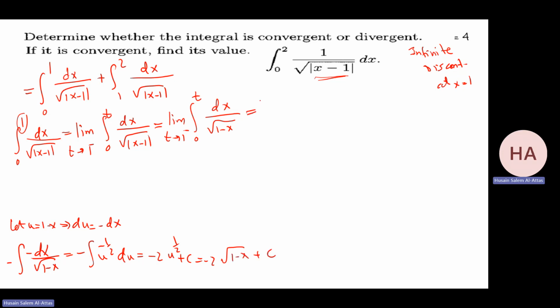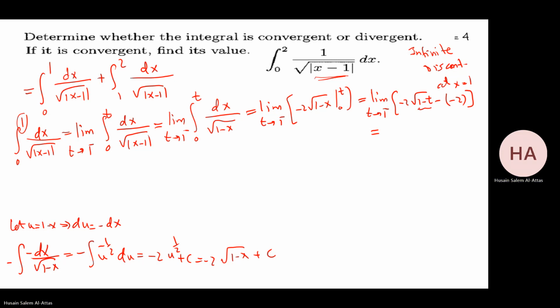Okay, so this one will be limit as t goes to 1 from the left of minus 2 square root 1 minus x from 0 to t. That gives me what? Limit as t goes to 1 from the left of minus 2 square root 1 minus t minus the quantity 0 minus 2. And that will be equal to what? As t goes to 1 from the left, this is 0. Yeah. So it will be 0 plus 2, which is 2.